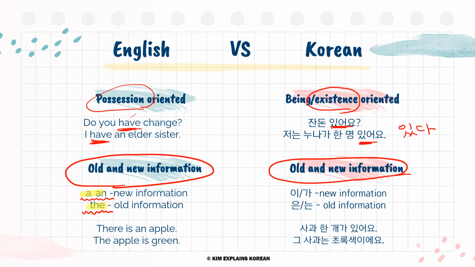For that, the subject particle 이 or 가 is used for the new information, and the topic particle 은 or 는 is used for old information. There is an apple. The apple is green. 사과 한 개가 있어요. 그 사과는 초록색이에요.